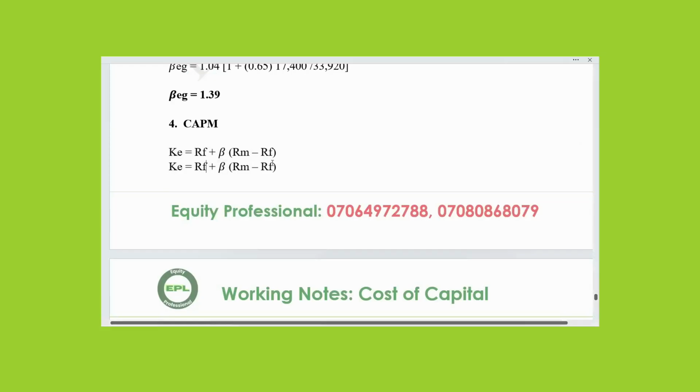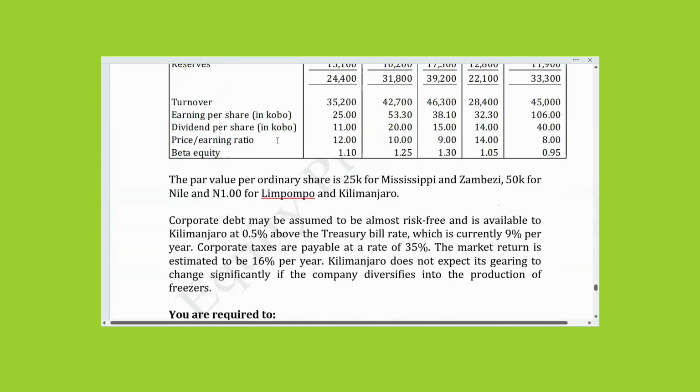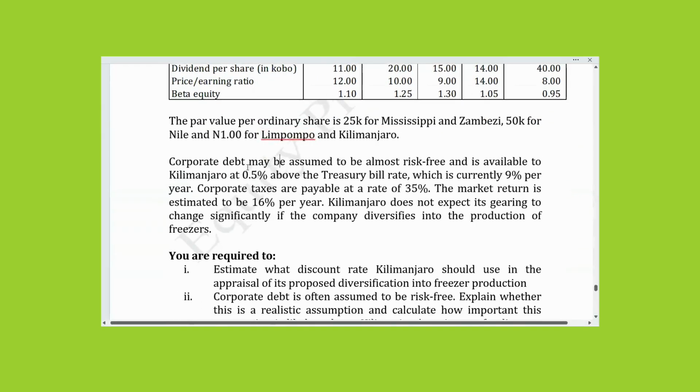So I will then go to the question. What is the risk-free rate of return? Let's go and identify it. According to the question, we are told that corporate debt may be assumed to be almost risk-free and is available to Kilimanjaro at 0.5% above the treasury bill rates, which is currently 9% per year.